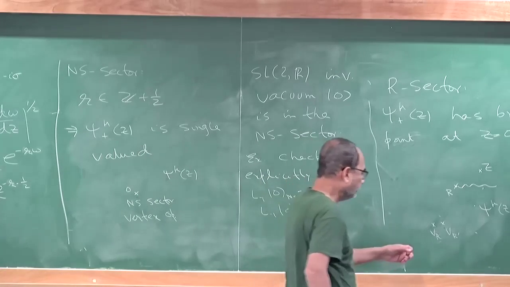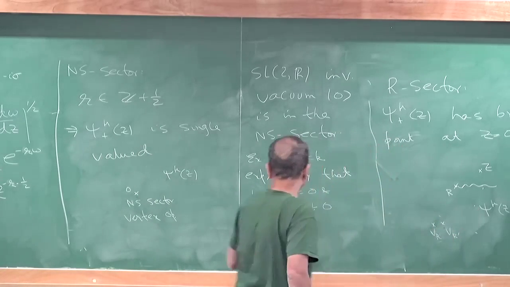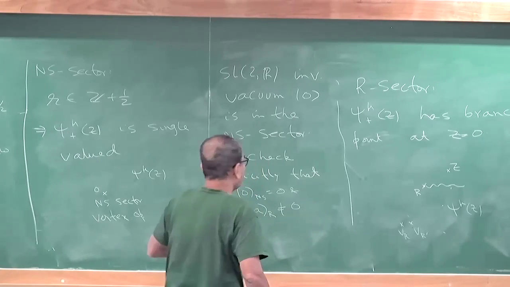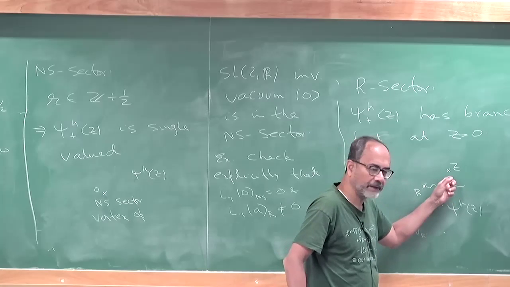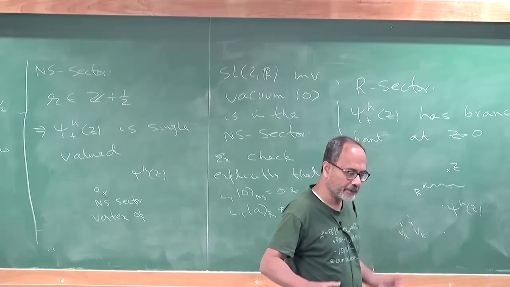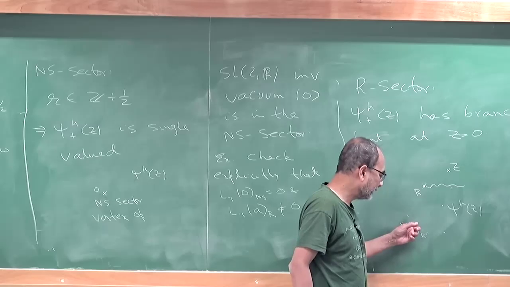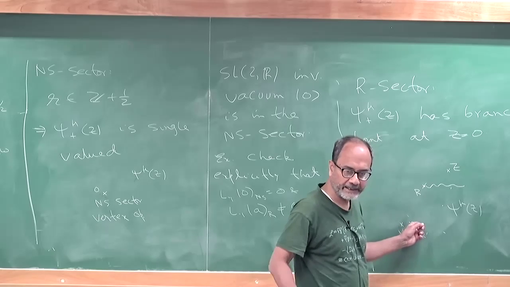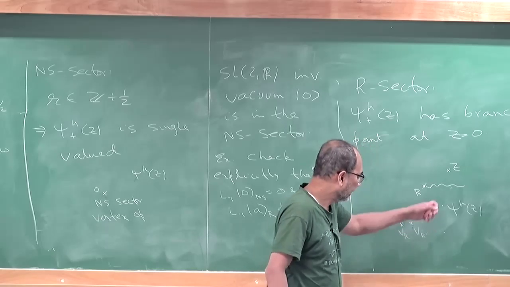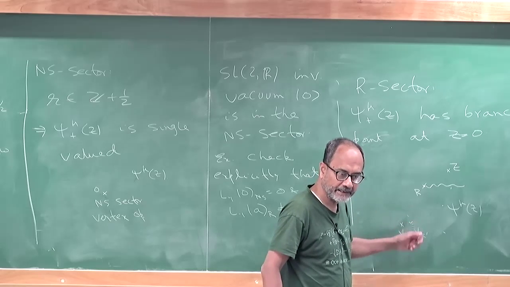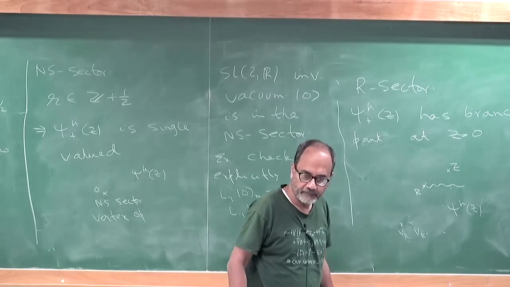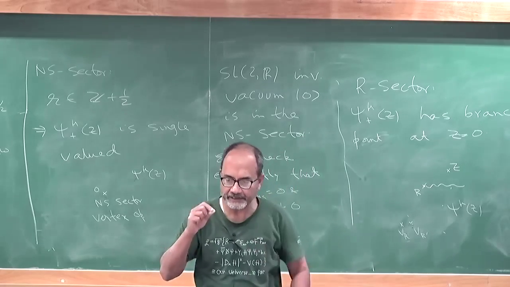Okay, so here this argument told us that if there is an operator at Z equal to 0, there will be a branch point singularity, right? But of course, by translation invariance, even if you shift the operator a little bit, to any other point Z prime, the branch point will be at Z prime, right? Wherever you are inserting a Ramond sector vertex operator. We can always choose coordinates in which that point is at the origin.